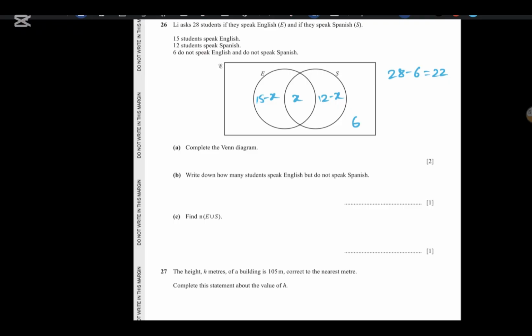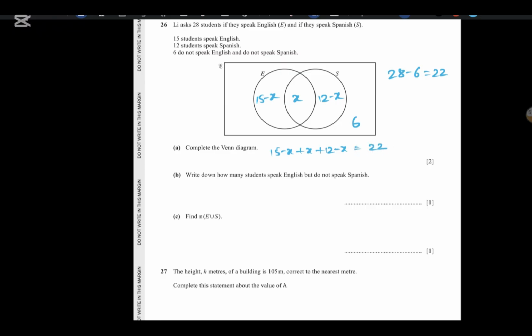They don't speak other languages. Now take these x terms and add them to find the x value. So let me take that 15 minus x plus 12 minus x is equal to 22.